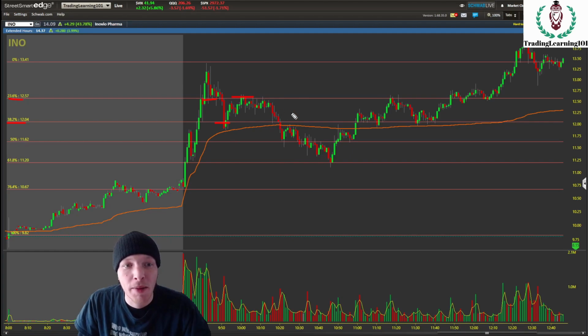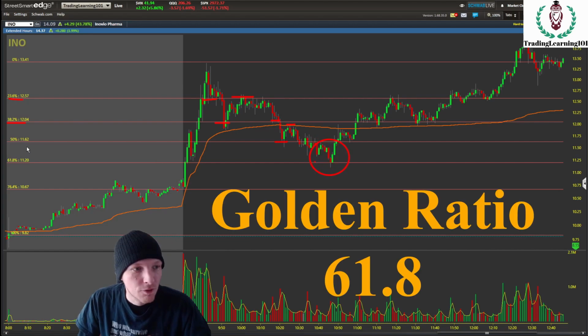But then when it came back down right here, it fell through it down to the 50% level, up to the VWAP. And look at right where it bounced, right here. If we look at the retracement, it's the golden ratio, 61.8.